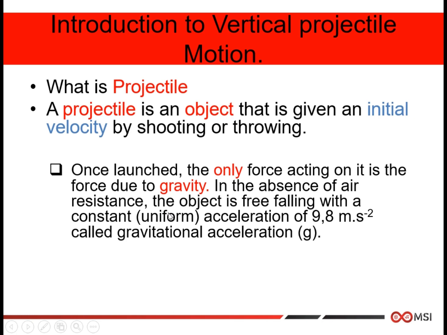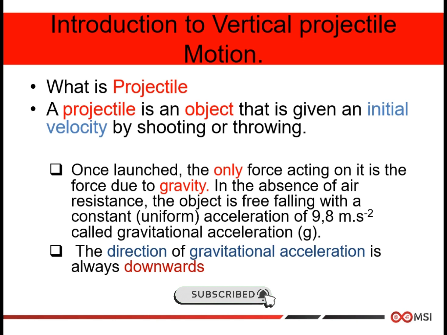The object is free falling with a constant acceleration, which is 9.8 meters per second squared, the gravitational acceleration. And we all know the direction of gravitational acceleration to be downwards, because of the gravitational force, right? The direction of gravitational force is always downwards.